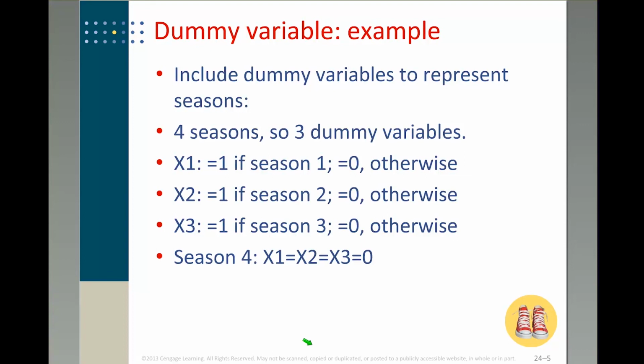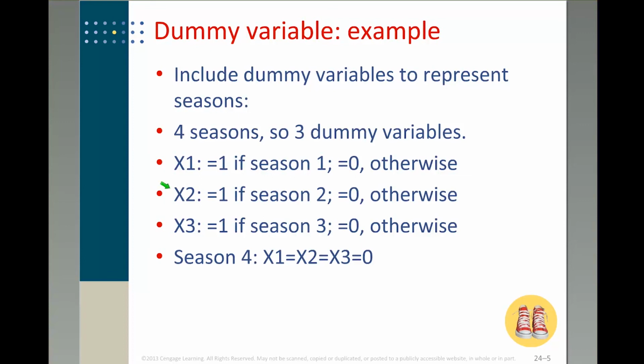Then we could create dummies to represent the seasons such that we could create x1, that's the first dummy, and we take x1 equal to 1 if the observation is referring to season 1. Otherwise, x1 will take a value of 0.